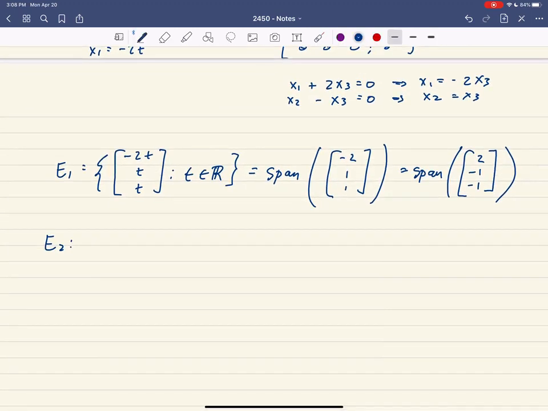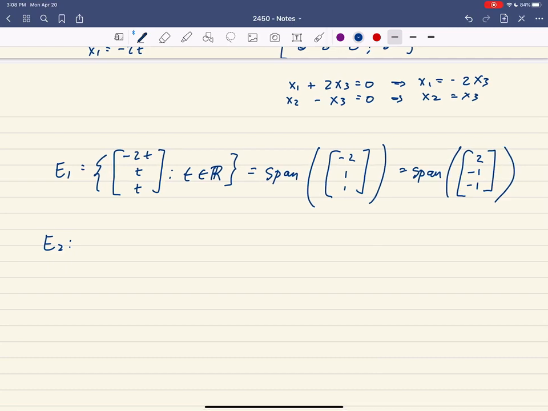So our only other eigenspace to check is e sub 2. Remember, we're trying to solve A minus lambda I times x equals 0. If I take A minus lambda I, where lambda is 2, that's going to be -2, 0, -2, 1, 0, 1, and 1, 0, 1.